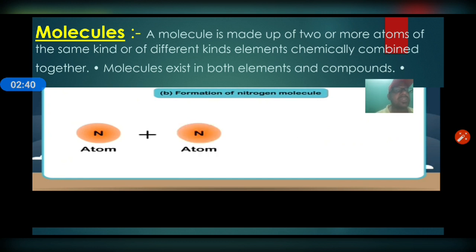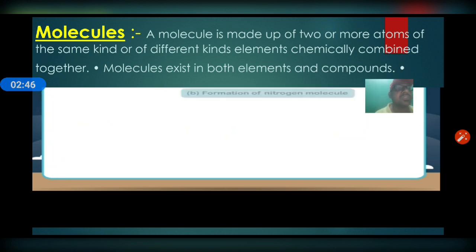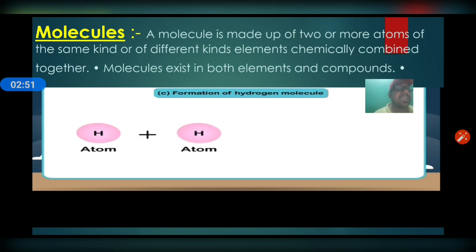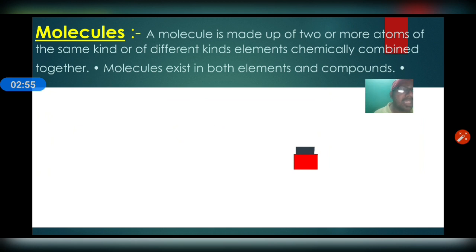One atom of nitrogen combined with one atom of nitrogen forms one molecule of nitrogen gas. Like that, a hydrogen atom combined with a hydrogen atom produces hydrogen gas. This is a molecule.